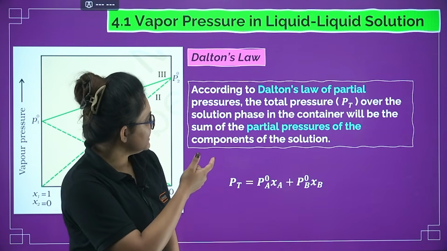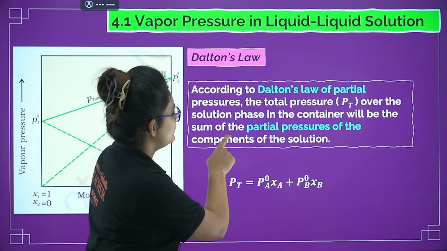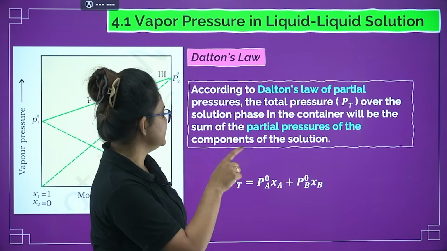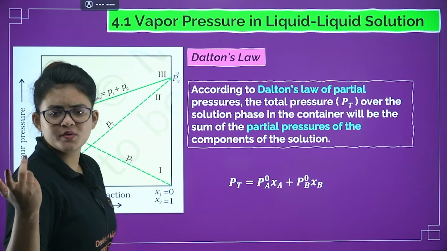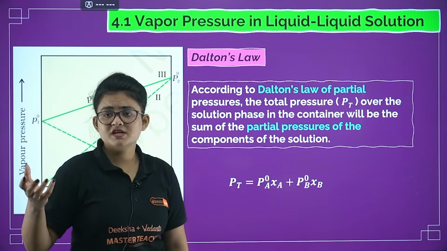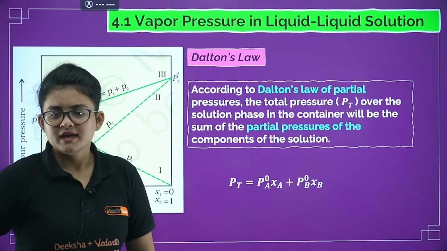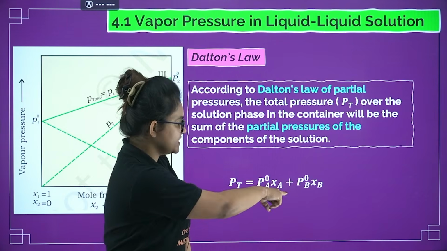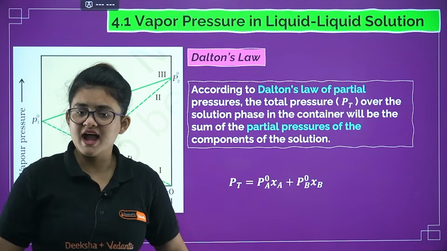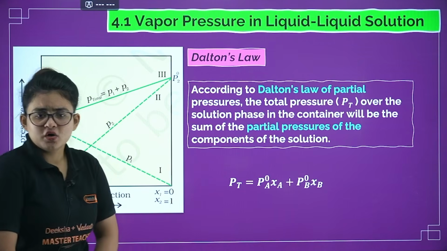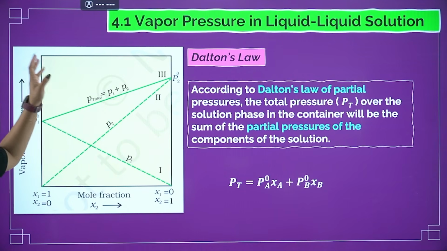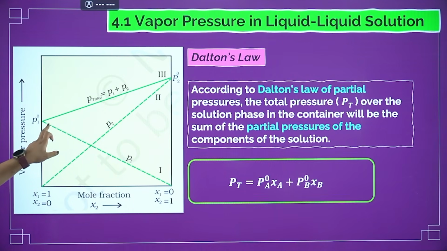The total pressure over the solution phase in the container will be the sum of the partial pressures of the components. So PT equals PA plus PB, and that is PA0 of XA plus PB0 of XB. Add them. That is your Raoult's law. Now if you simply plot it, it will come up like this.